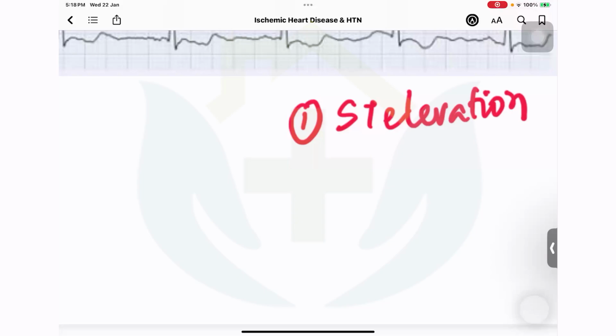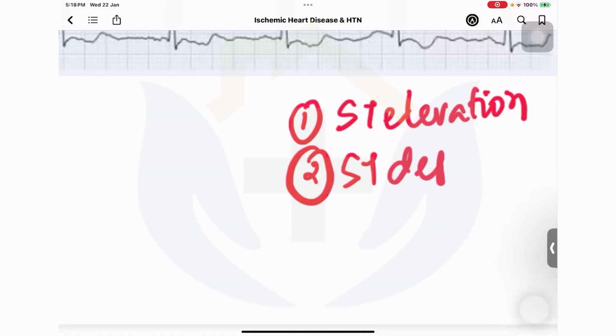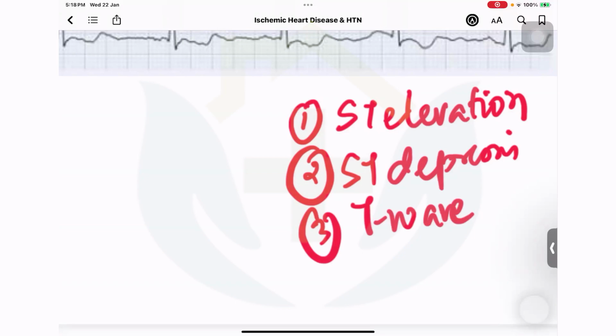So this has to be identified first. If you miss that the patient does not have ST elevation, then you should look for any ST segment depression. If that is also not there, then you should look for T-wave inversion. If that also is not there, then you should look for R-wave progression.